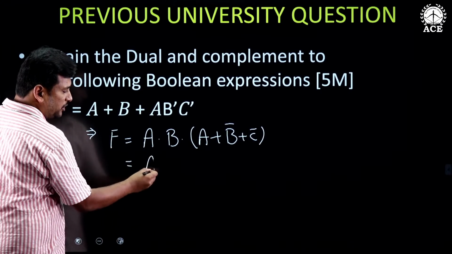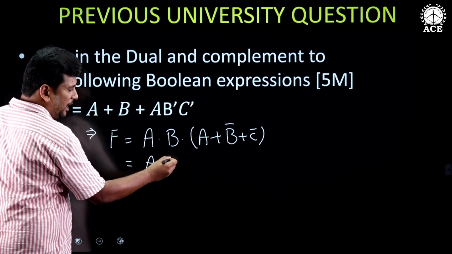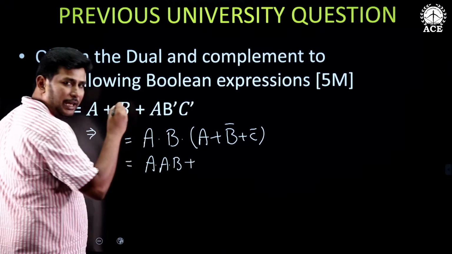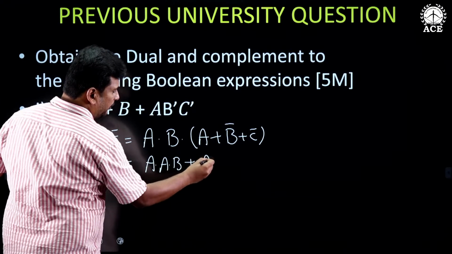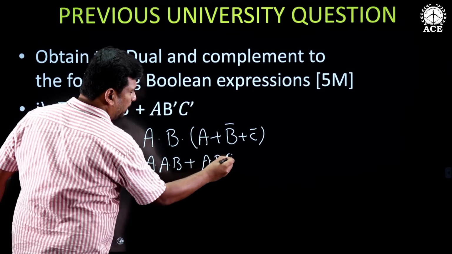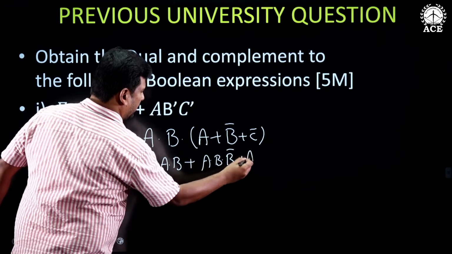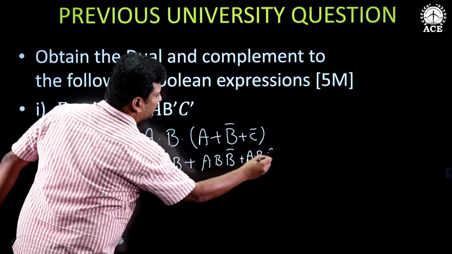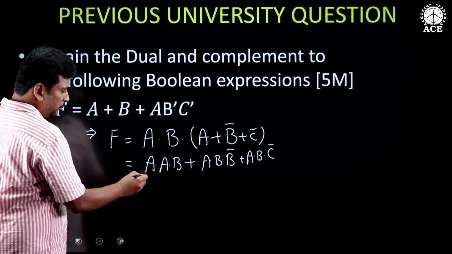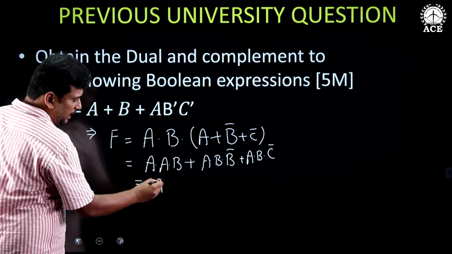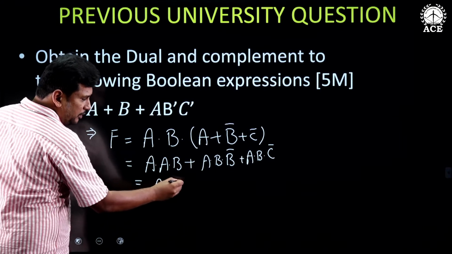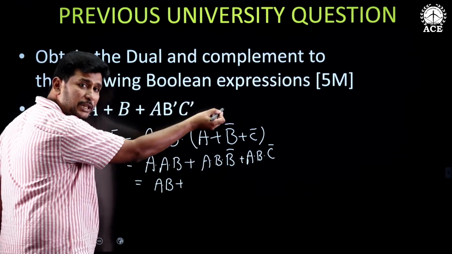So what you need to do? Complete this multiplication. A AND with B plus A AND with B complement plus A AND with B AND with C complement. So A AND with A is nothing but A itself. You get A AND with B, and B AND with B complement.